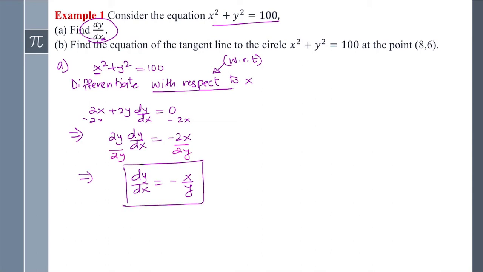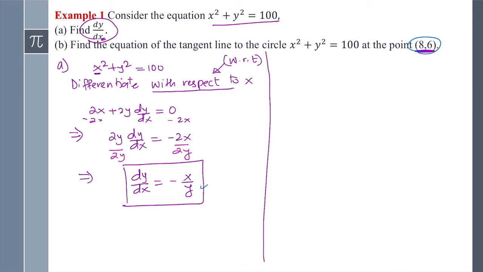Now the second part of that question is to find the equation of the tangent line to the circle. This is the equation of a circle, at the point 8 comma 6. So we want to find the tangent line at that point. For that, we have the point and we have the derivative.